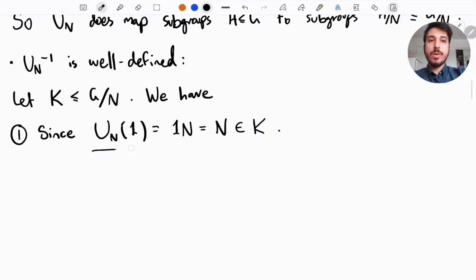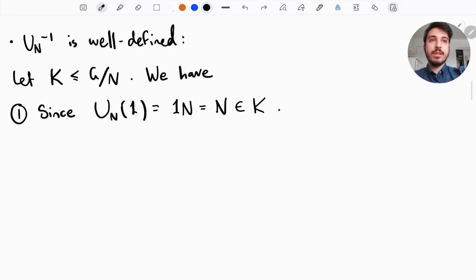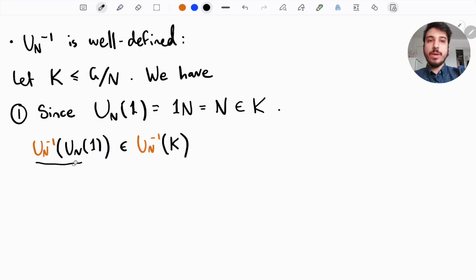So because u_N of 1 is found in K, if we apply u_N inverse on both sides, we get exactly that u_N inverse of u_N of 1 is contained in u_N inverse of K. But u_N inverse of u_N, they cancel out because that's the inverse of that.